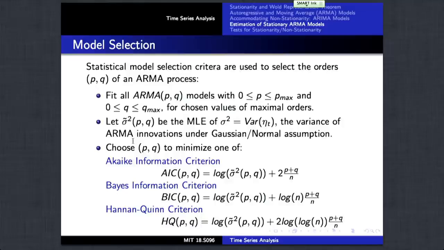So we can consider different sets of models, different numbers of explanatory variables, different orders of autoregressive and moving average parameters, and compute, say, the Akaike information criterion or the Bayes information criterion or the Hannan-Quinn criterion as different ways of judging how good different models are.